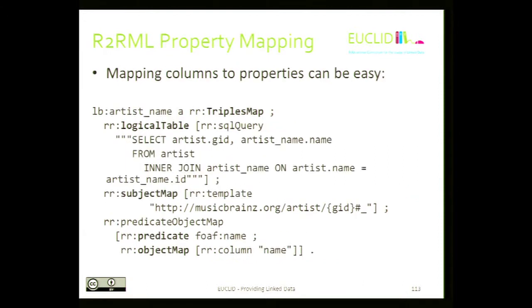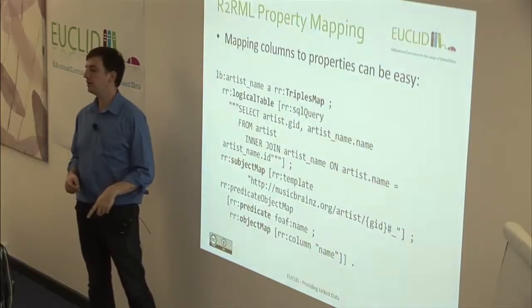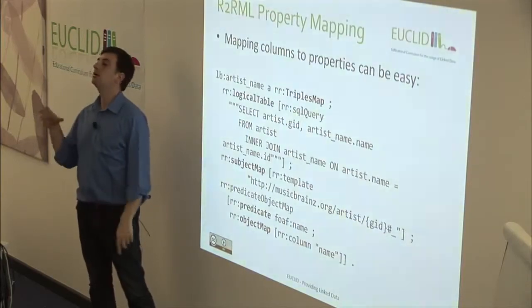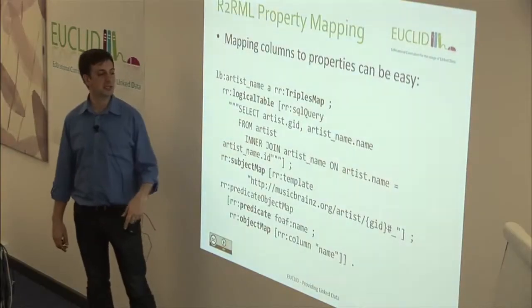Okay? Next one, slightly more complex. Okay? Same form, we have a triples map, and it has a logical table, and it has the subject map, the predicate, and an object map. Okay? This time, the logical table isn't just a simple table from the database. Instead, it's a SQL query. Okay? Looks a lot like SPARQL, but this one's SQL.